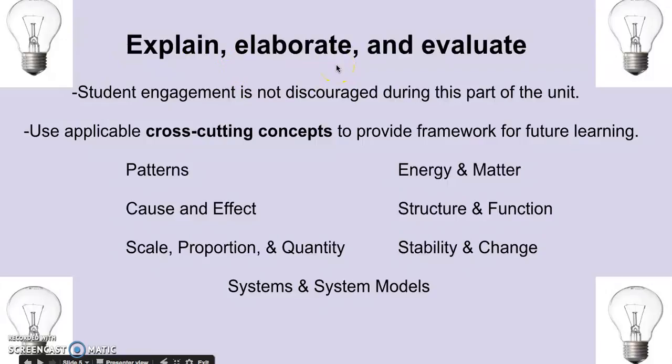And you could even have another phenomenon once you have a little bit of explanation that helped apply to the first phenomenon. It's not discouraged to have student engagement in this part. Later on in the unit, you can have labs or actions that reinforce or add to the student's understanding in meeting the new standard. This brings us to the cross-cutting concepts below.